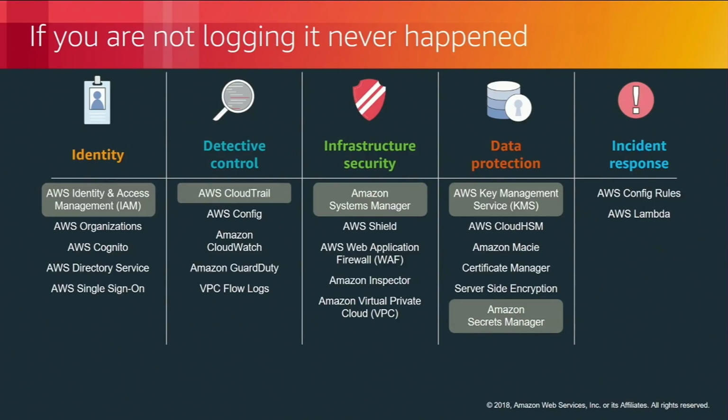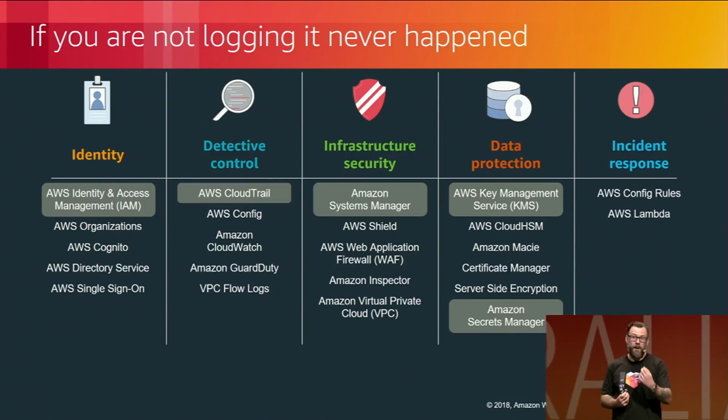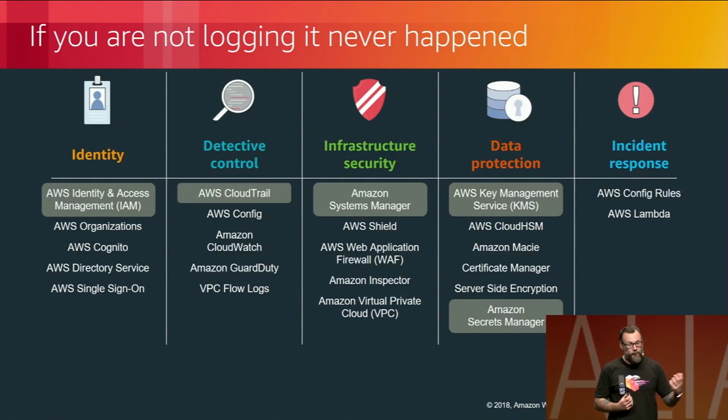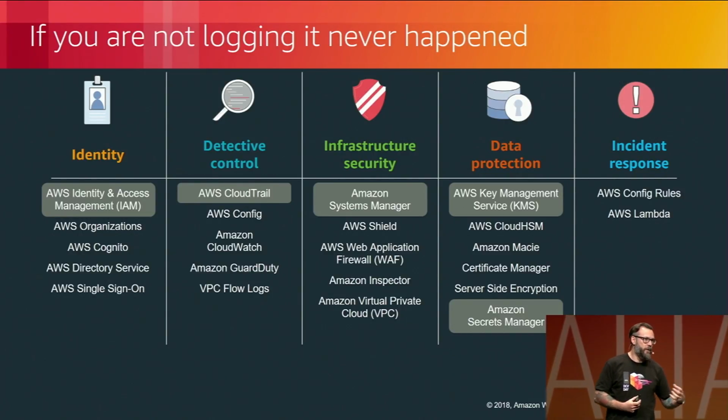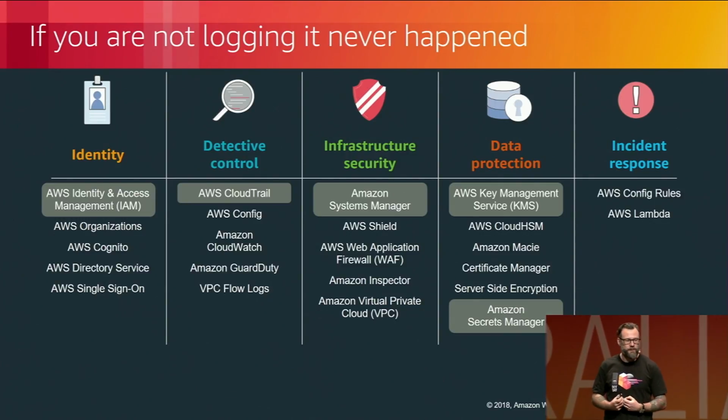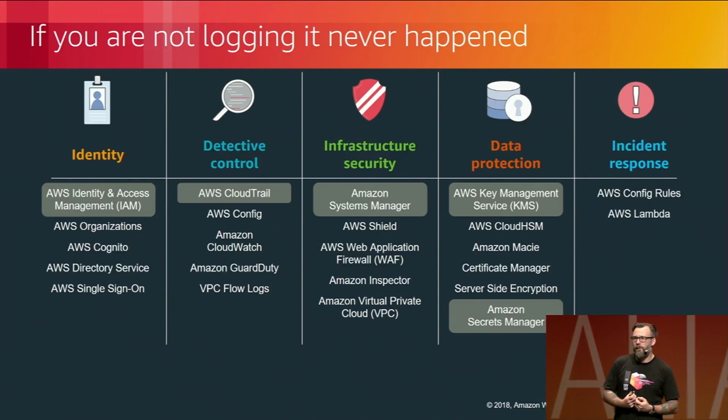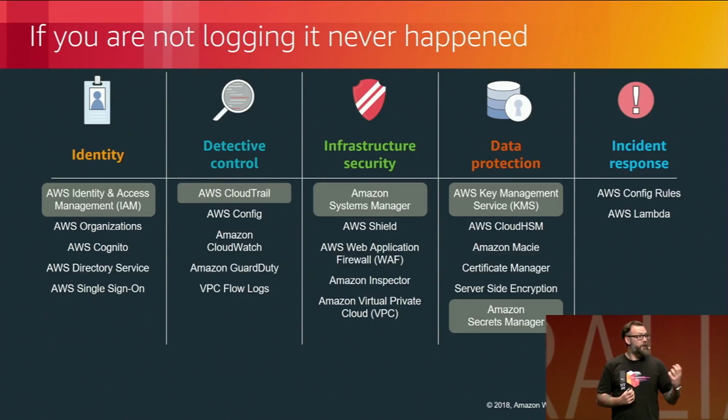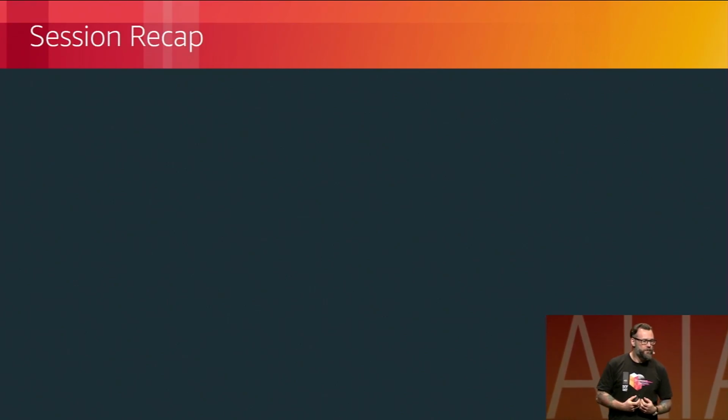We start off with identity and access management, and we talk about how we can apply fine-grained permissions using IAM to Parameter Store, to KMS, and to Secrets Manager to make sure that only the right people have access to those secrets. Then we move on to logging or detective control, where we see what's going on by looking at CloudTrail and triggering alerts. And then the third pillar, data protection, using KMS and Secrets Manager to protect your secrets as you pull them into your application.